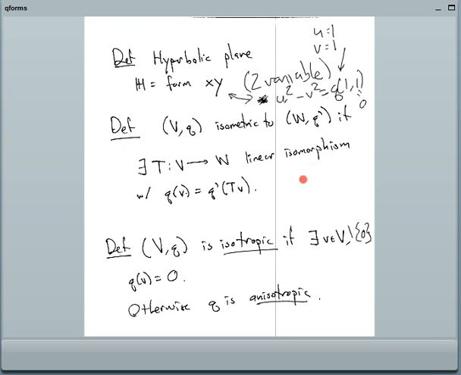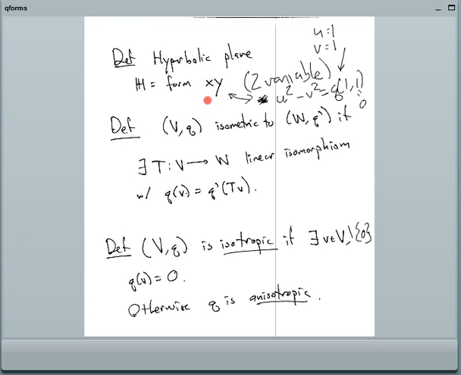So Q of 1, 1 equals 0. In general, forms for which you can write 0 as the value of the form are easier to understand. These forms are called isotropic, and forms that do not have that property are called anisotropic. So the hyperbolic plane is the simplest example of an isotropic form.